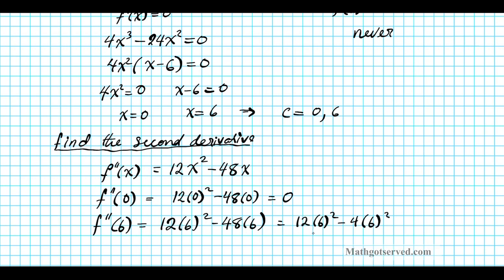If you don't want to use a calculator, you can basically use your number sense skills to determine what the sign of this resulting answer is. Writing it in this format, we can see that this term is bigger than this term, so the second derivative is going to be positive.